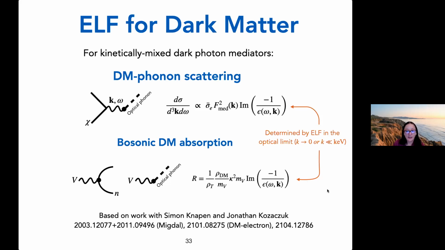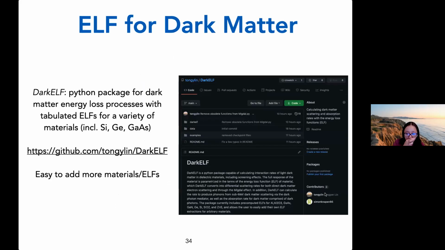So as I was mentioning, we wanted to make this public so that it would be useful for anyone who's interested in different kinds of dark matter models, and just wanted to calculate it in semiconductors, but didn't want to deal with going into the whole band structure calculation. So this is basically a simple repository that includes the energy loss functions for a few materials.